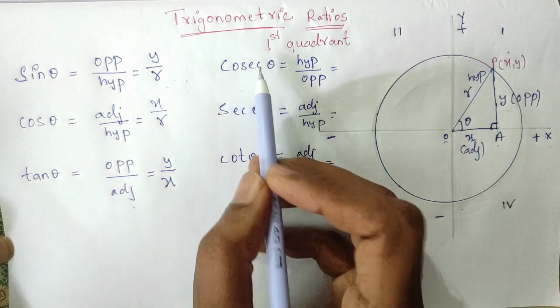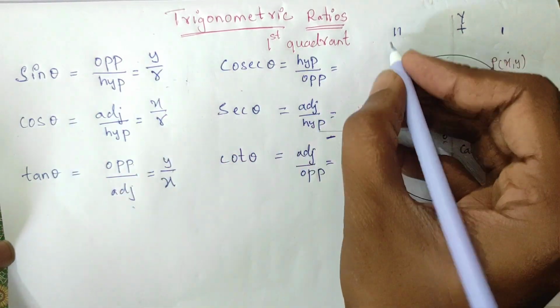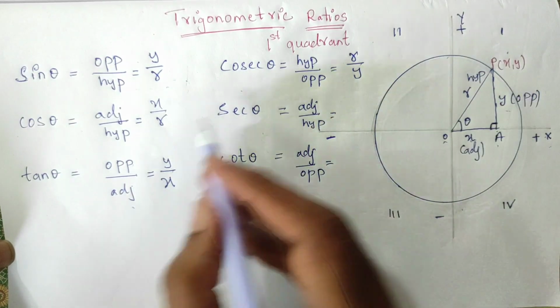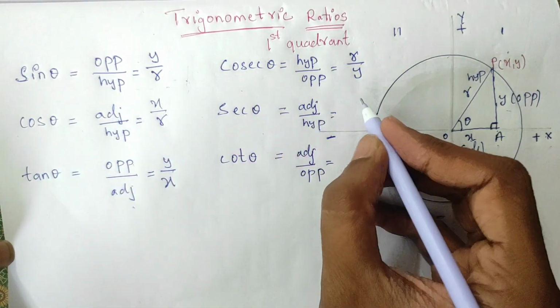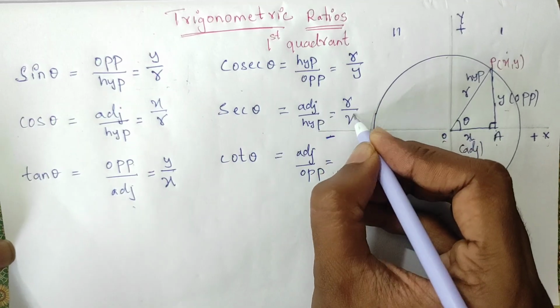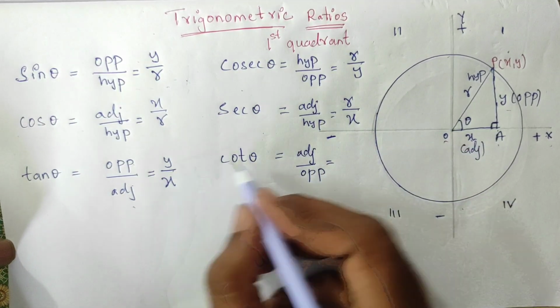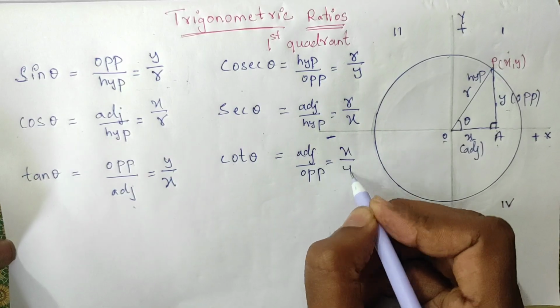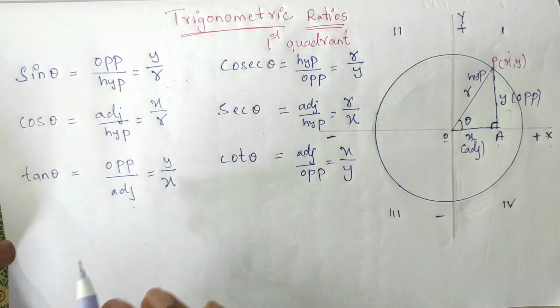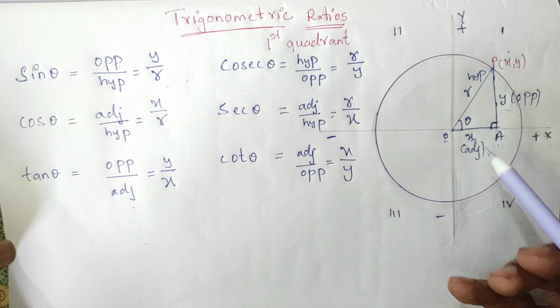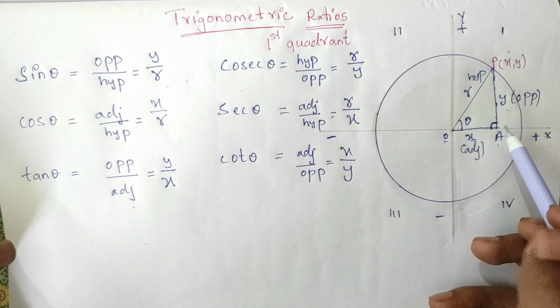We know that cosecant is the reciprocal of sin theta, so we can write it as r by y. Similarly, secant theta is the reciprocal of cos theta, so it can be written as r by x, and cot theta is the reciprocal of tan theta, so it can be written as x by y. Now what have you observed? In the first quadrant, x and y are both positive.